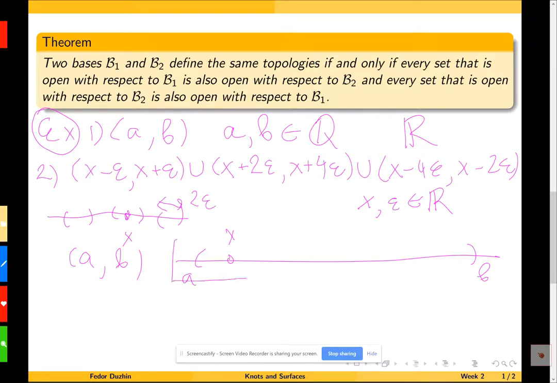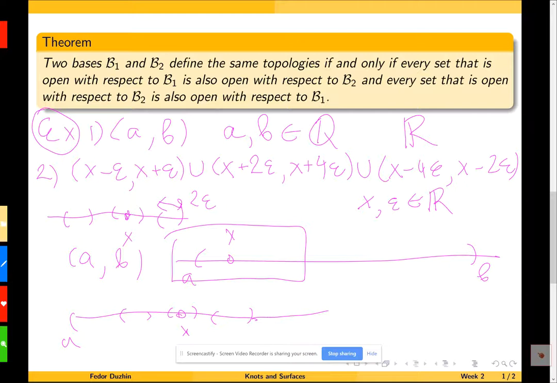So maybe let me zoom in here. If we zoom in, this is what we're going to see. This is A, and this is X. But then, of course, if you choose a small enough epsilon, the whole big interval from x minus 4 epsilon to x plus 4 epsilon is still going to fit entirely into AB.